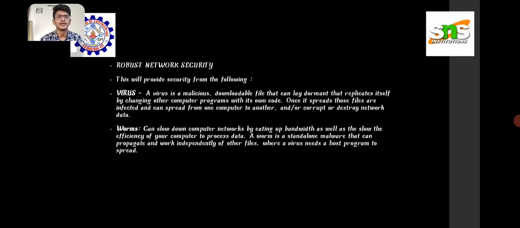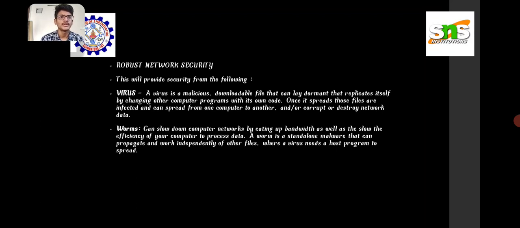Robust network security. Robust is nothing but the strength of network security. This will provide security from the following. Virus. A virus is a malicious downloadable file that replicates itself by changing other computer programs with its own code.